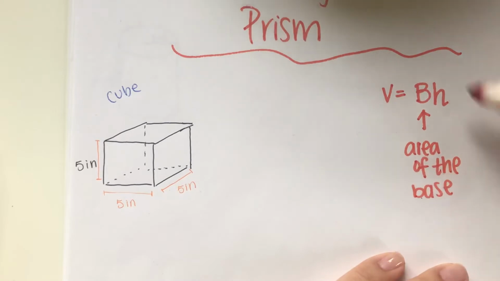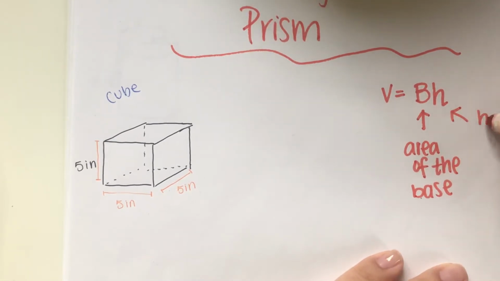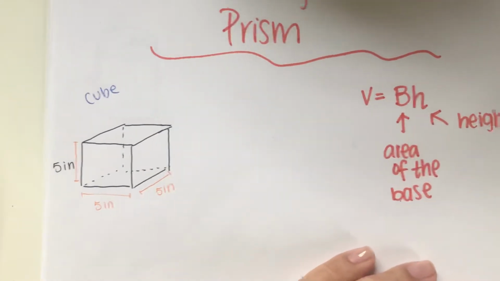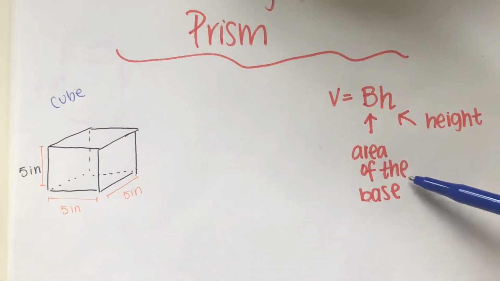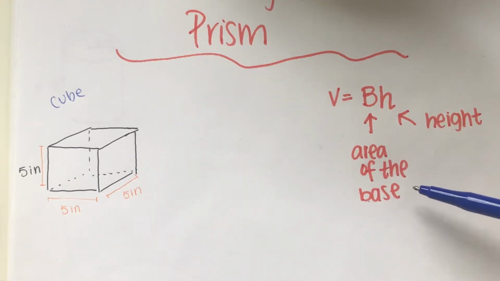Now, H is representing the height. A lot of people get confused between the capitalized B and the lowercase b. In the last lesson, we talked about area of a circle. Now, whatever the base is, whatever shape, you need to find out the area of the base.